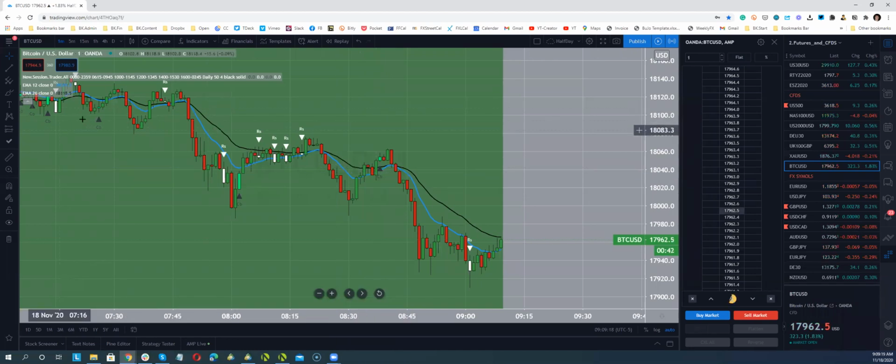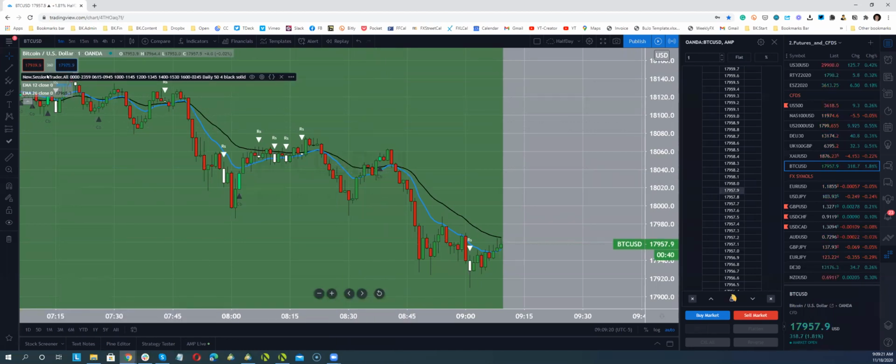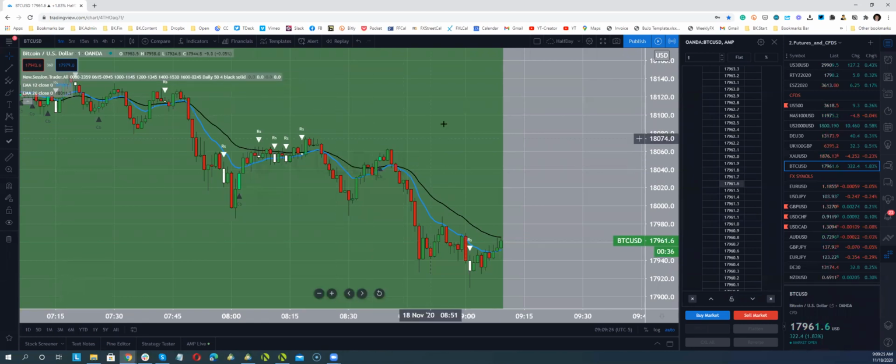Even OANDA right now has a 75 point spread on Bitcoin, which is ridiculous. So the only way to trade this on a 1-minute chart is through the Bitcoin exchanges, either Coinbase or Bitfinex.